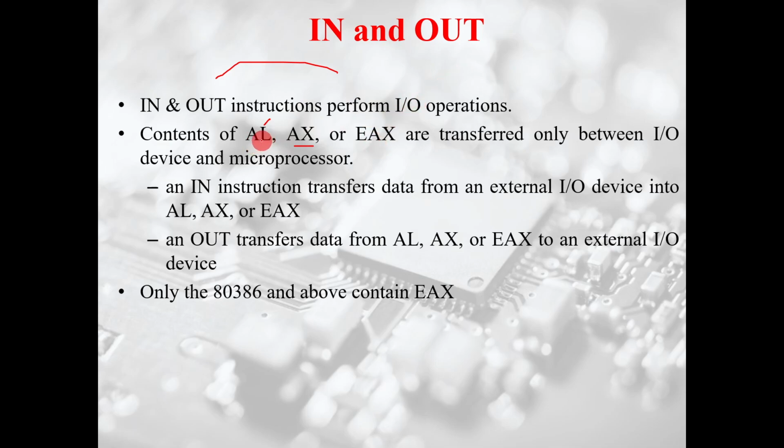I can't bring data to AH. So I can write either in AL or in AX. AX is used when the input output port is 16-bit. The printer or mouse can be 16-bit or 8-bit. If it is 8-bit, then I can get that information into the AL register, and if it is 16-bit, then I can get it into AX.